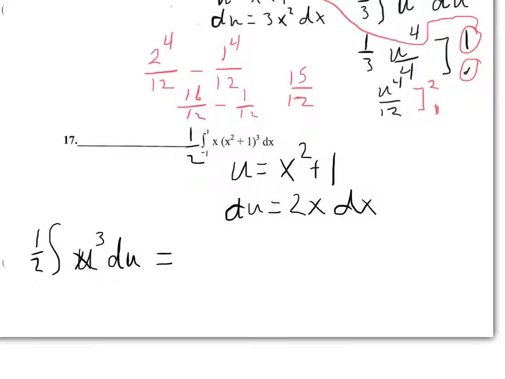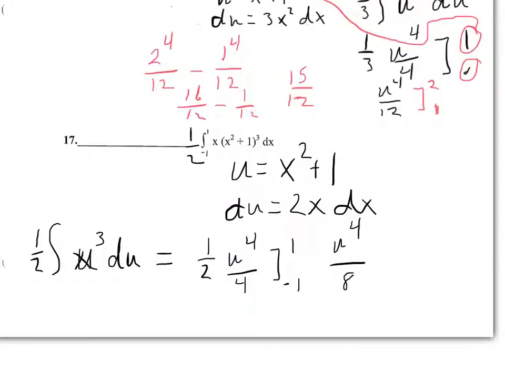Well, then that should equal 1/2 the integral of u to the 3rd, which should be u to the 4th over 4. So that should be 8 on the bottom. So we'll go from -1 to 1, and we have u to the 4th over 8.